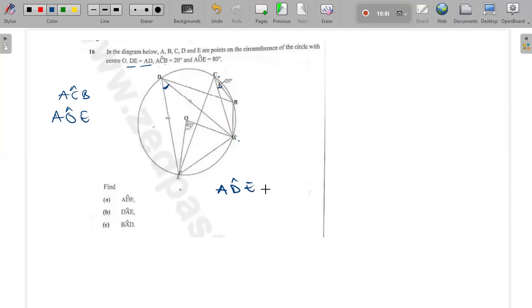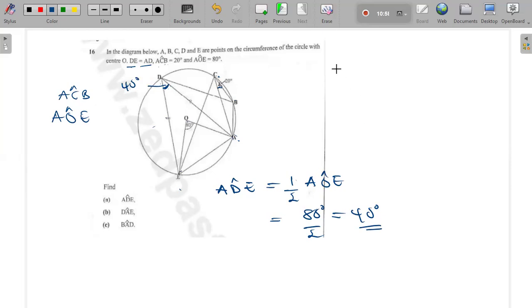So we just say ADE is going to be half the angle which we're given, which is AOE, and that is just 80 degrees divided by 2, which is going to give us 40 degrees. Okay, so we get that this here is just 40 degrees.